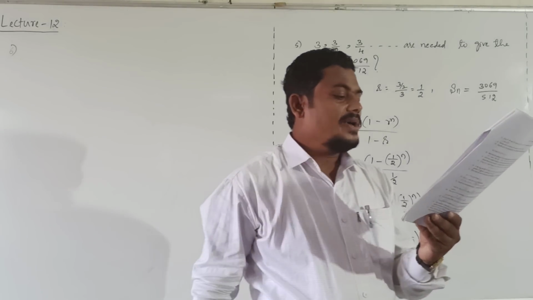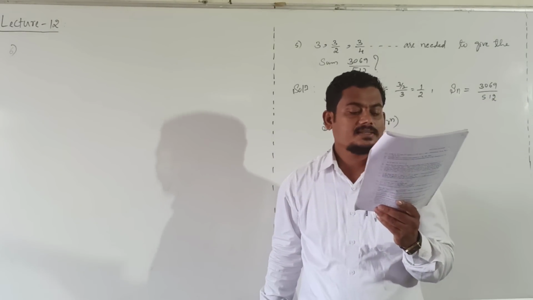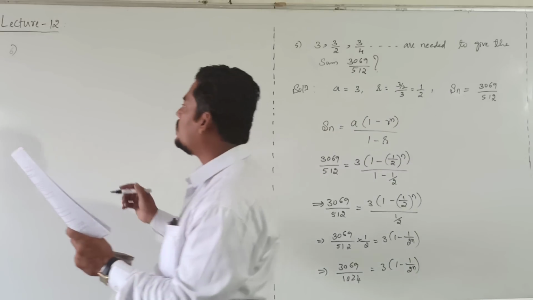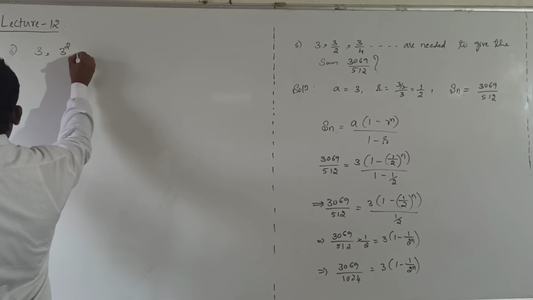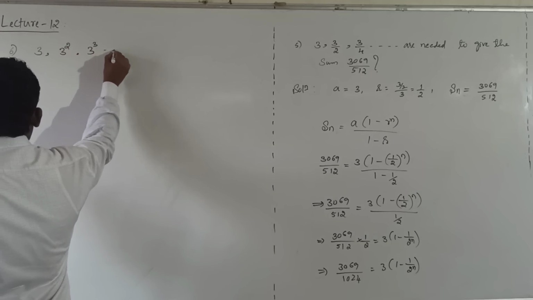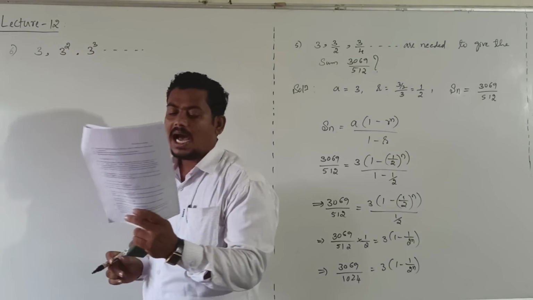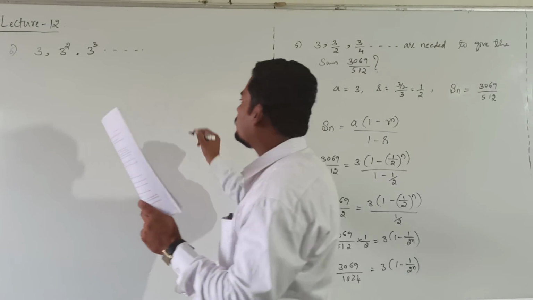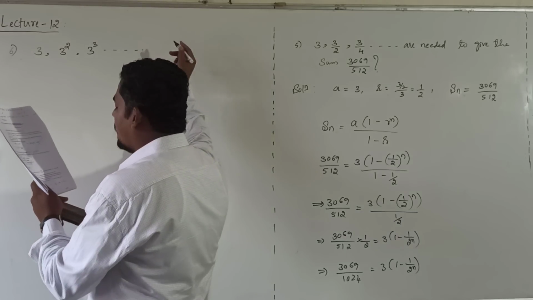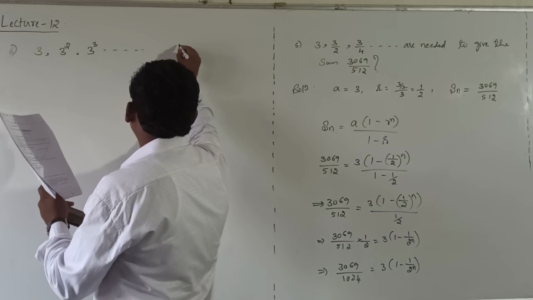Next problem. How many terms of GP 3, 3 square, 3 cube, and so on are needed to give the sum 120?